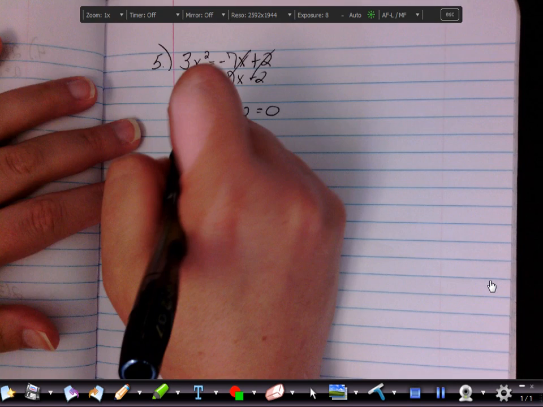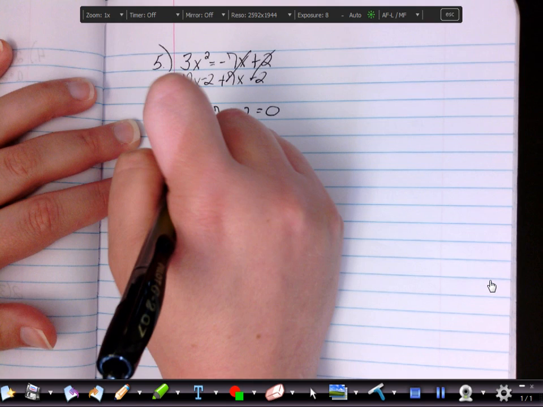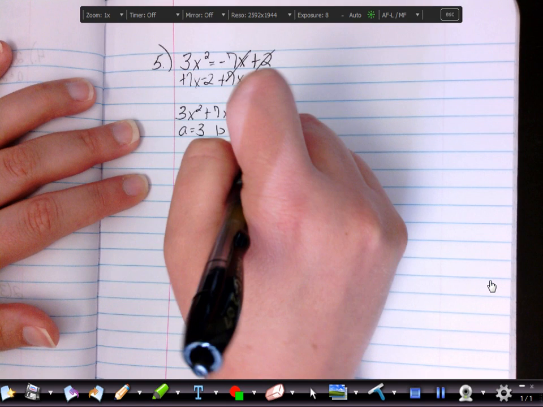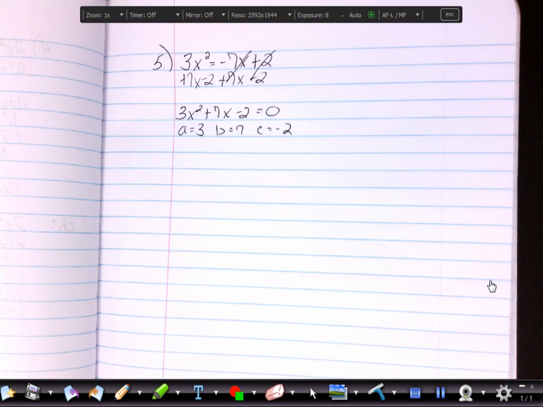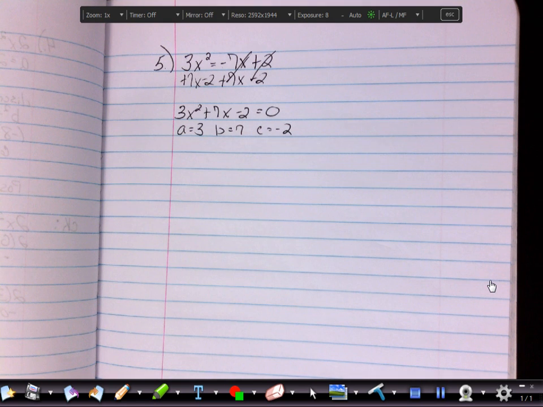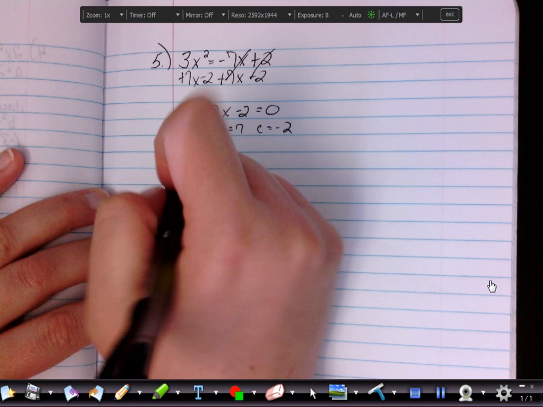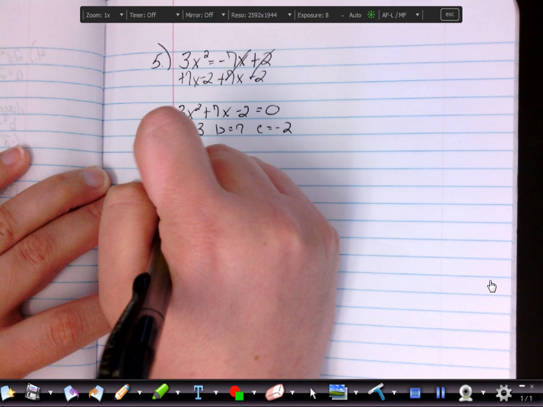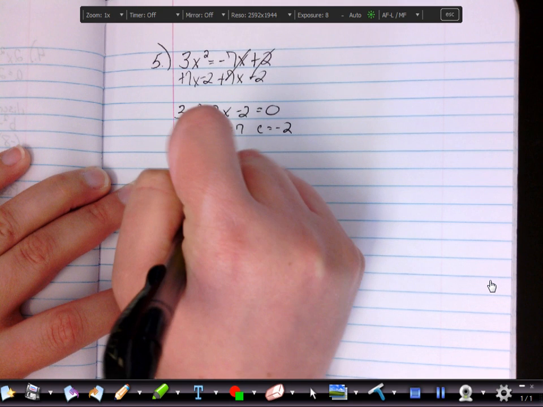Now I can go ahead and pick out my a, b, and c. A is 3, b is 7, c is negative 2. And again, my first step here is I want to find the discriminant to figure out how many solutions I'm actually looking for. So my discriminant is b squared minus 4ac.